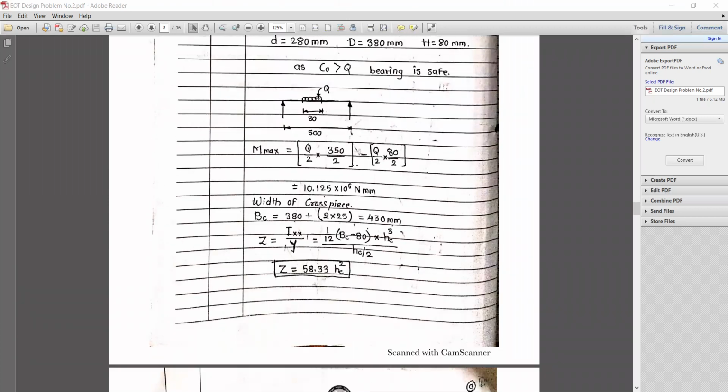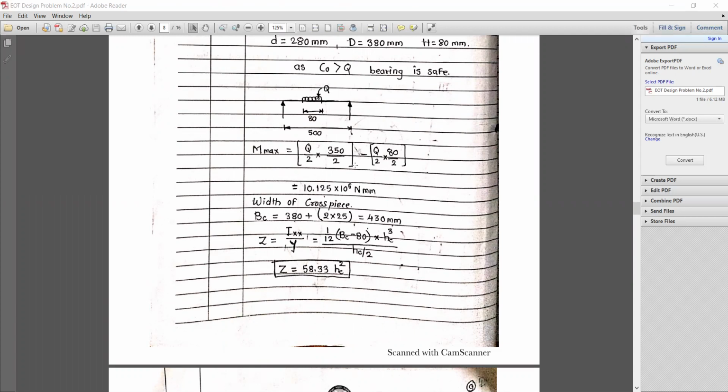First of all, we have considered a length of 500 mm, and in between that the 80 mm, which is the total height of the bearing. Now we will see the maximum load which it will be carrying, as the bearing is continuously and fully in contact with the trunnion surface, or you can say the cross piece surface.